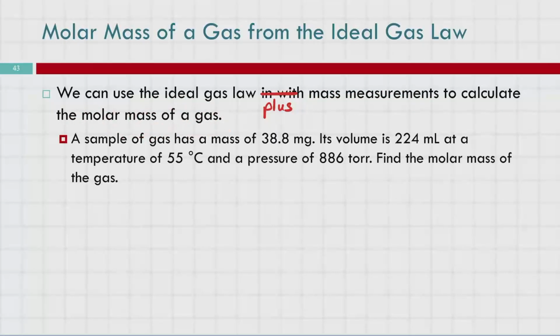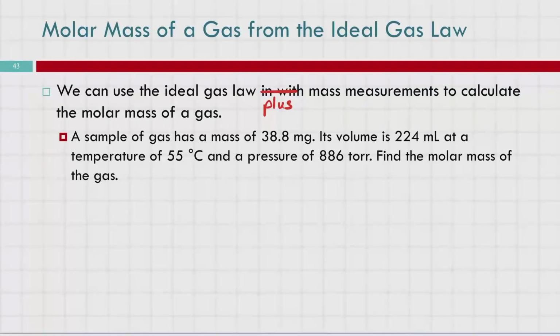So we can calculate the molar mass of a gas rather than figuring it out from the periodic table based on what we know the chemical composition is. We can collect a sample of gas. We can take the mass of that gas sample. We can use all of the other variables in PV equals nRT to figure out the molar mass of the gas. Conveniently for us, we've got another problem with unit conversion.